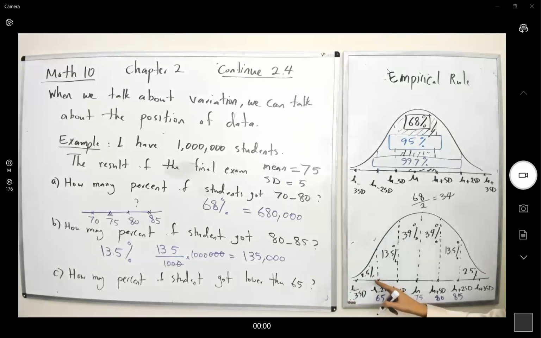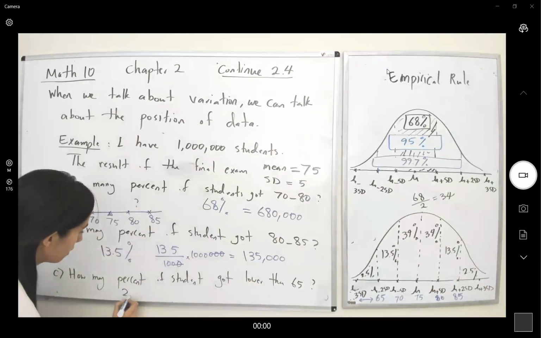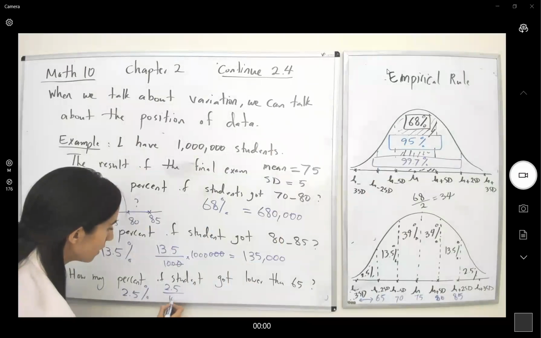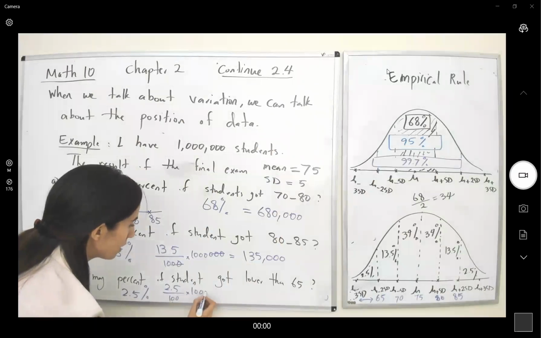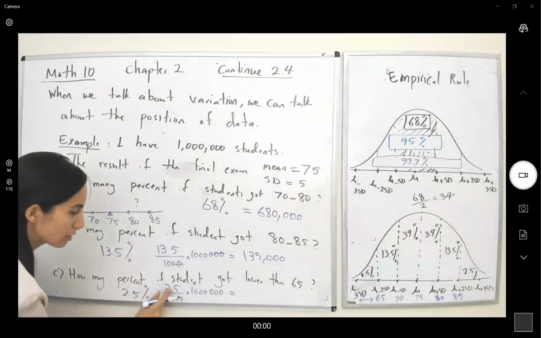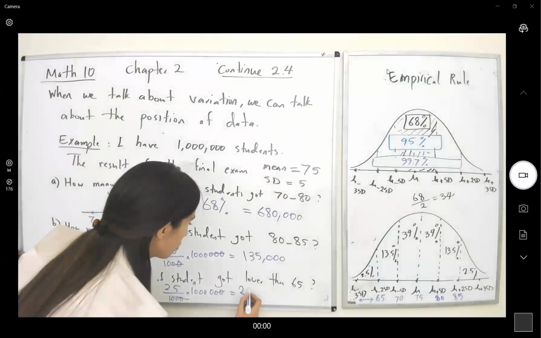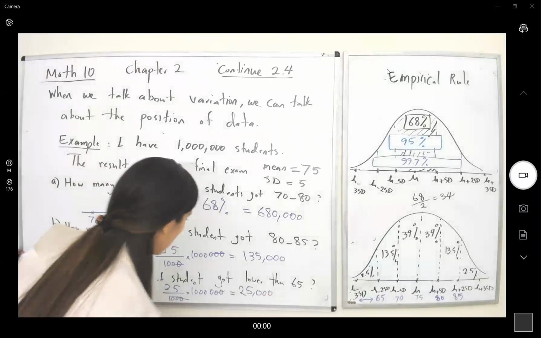So it's going to be lower than 65. 2.5% got lower than 65. 2.5% failed the exam. 2.5% of 1 million: we take this decimal down, cancel out 3 zeros and 3 zeros, 25,000 students.